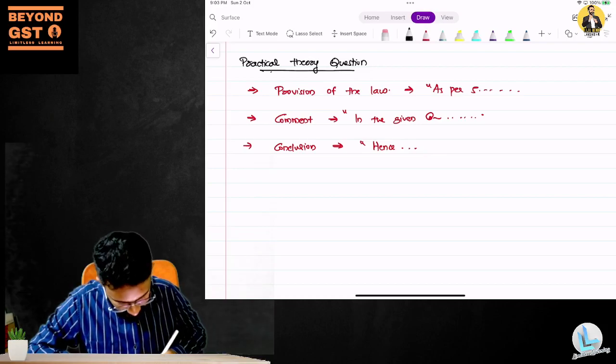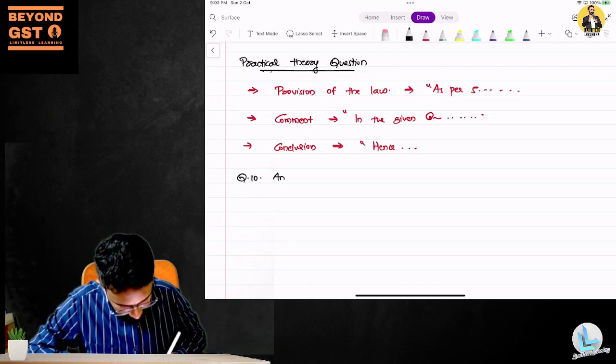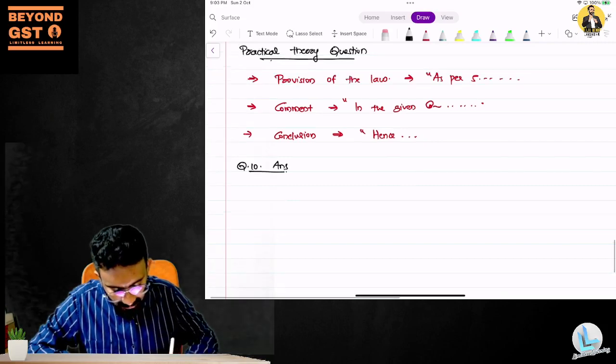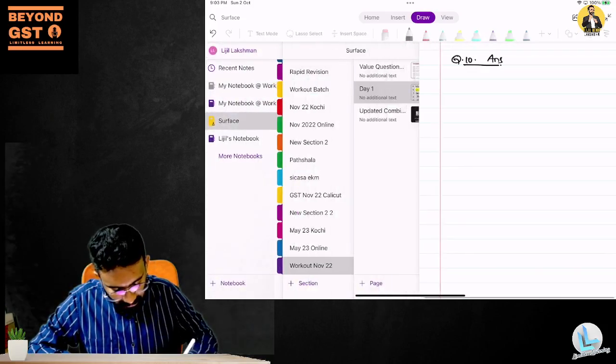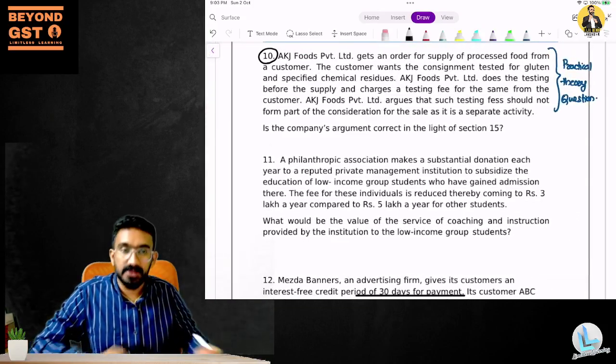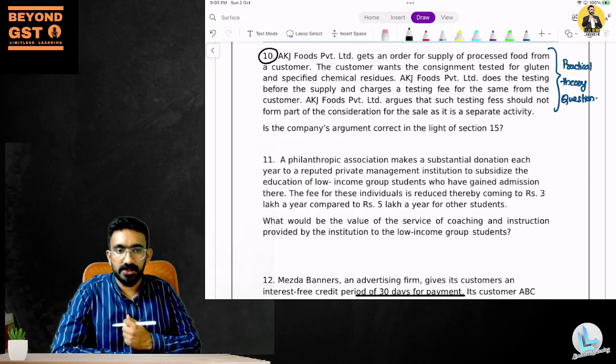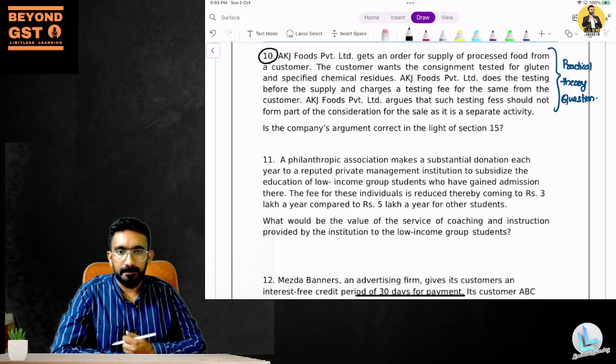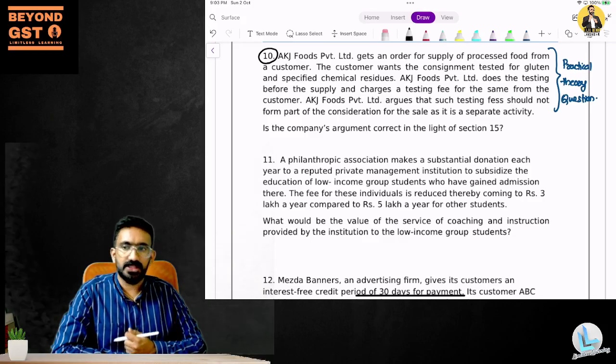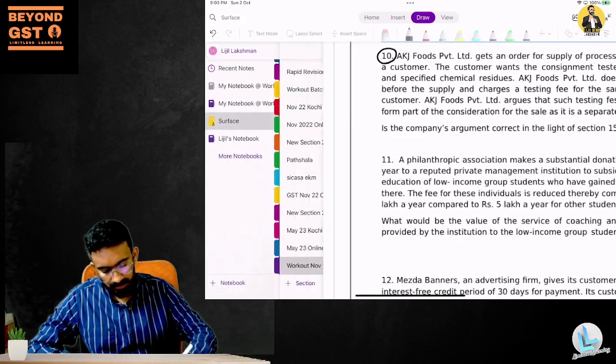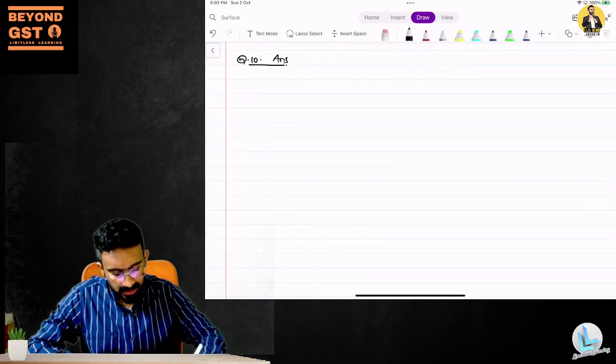Let's write the answer for this question number 10. Which is the provision that applies here? Which is the section, guys? Please put it in the chat box. Section 15, subsection 2, clause C. What does it say?